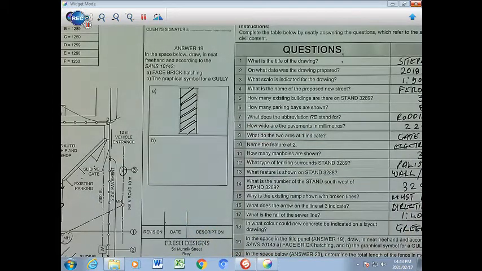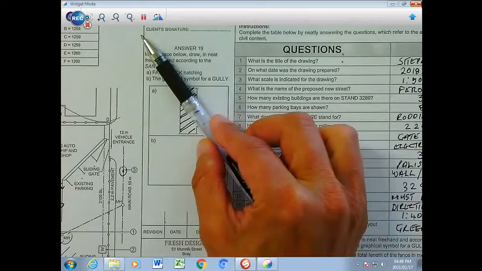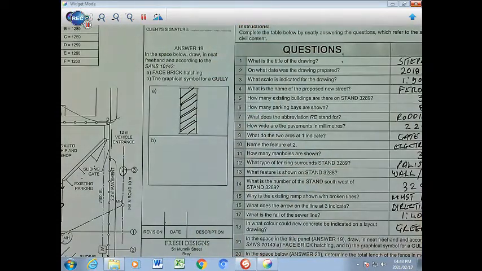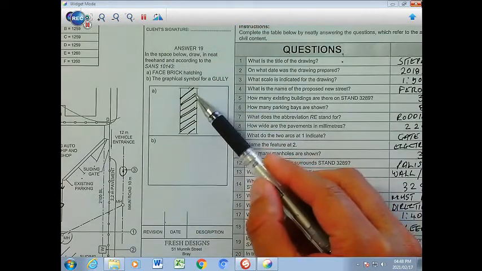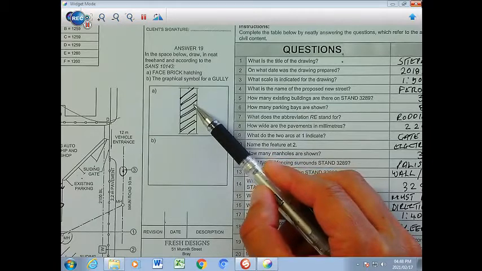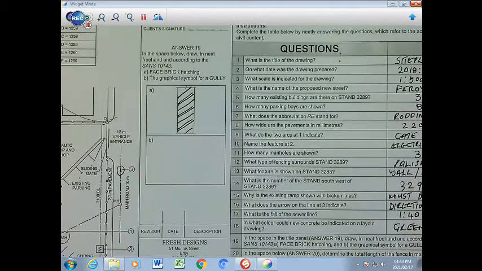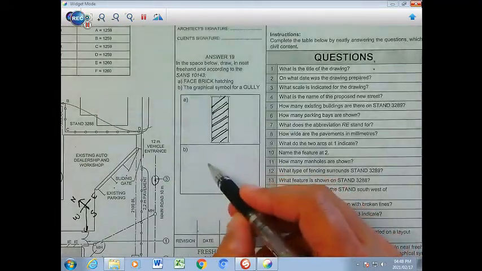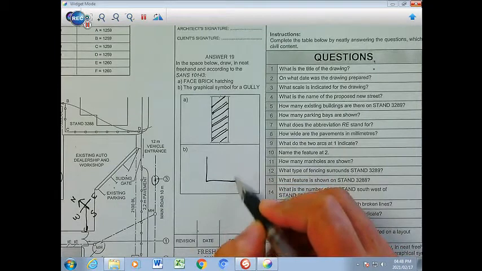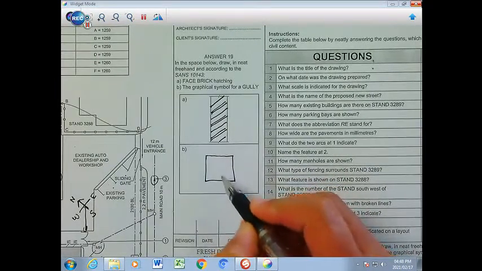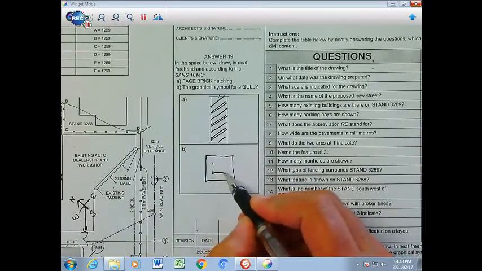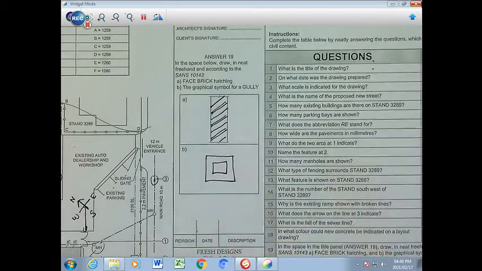So it doesn't matter, it could be that direction or it can be the opposite direction, but it's one single line followed by a double line, followed by a single line, followed by a double line, and that's sequential order. And then we need to look at the gully. A gully, according to our notes, is going to be two concentric squares, the big one, and you're going to have a small one there. And that basically is the graphical symbol for a gully.